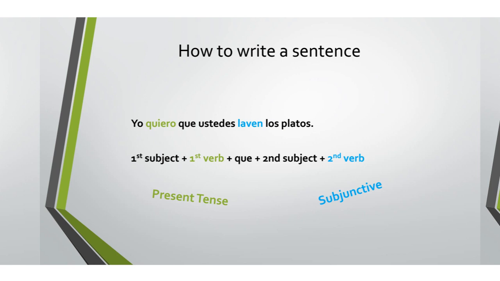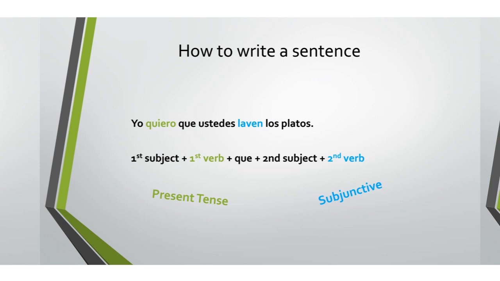So you'll see that I've got my first subject there, which is yo, so I. And then I have the verb that goes along with my first subject. So yo quiero, I want. And that first verb is going to be in the present tense because it is something that's actually happening right now. Like right now in this moment, I'm wanting something.